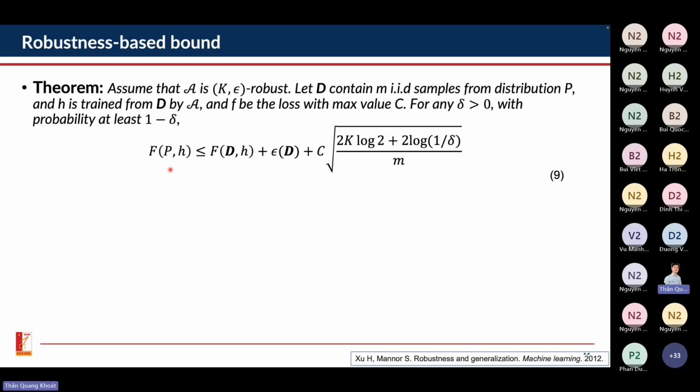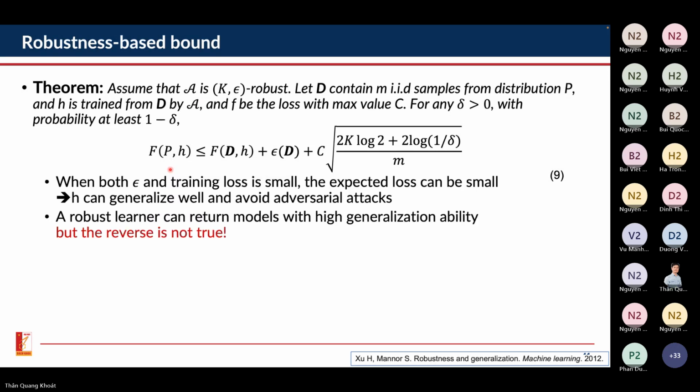That's a very good connection. And of course, the reverse is not true. A model with very good performance can sometimes be non-robust, can be sensitive to some change in the input.